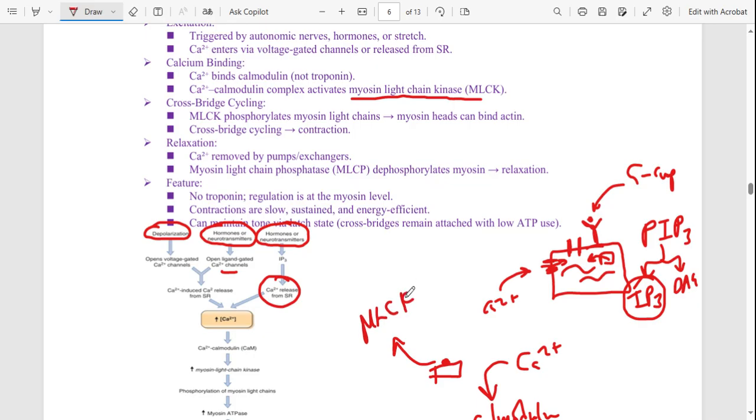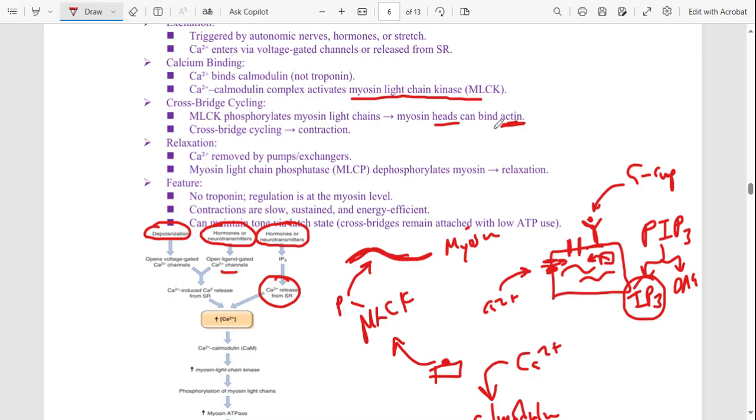Once the myosin light chain kinase is activated, it phosphorylates myosin. This is a myosin. The kinase is going to get a phosphate and add it on the myosin, and that's called phosphorylation. Once the myosin has got that phosphate, the myosin head can now bind to the actin.